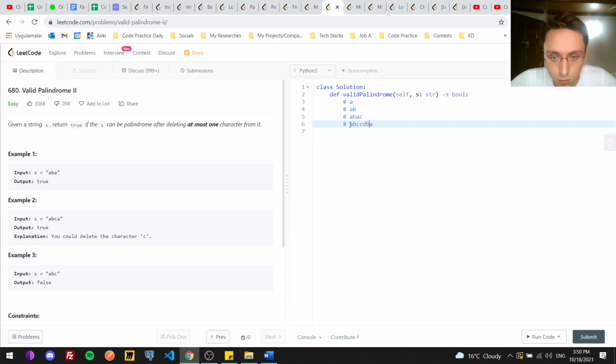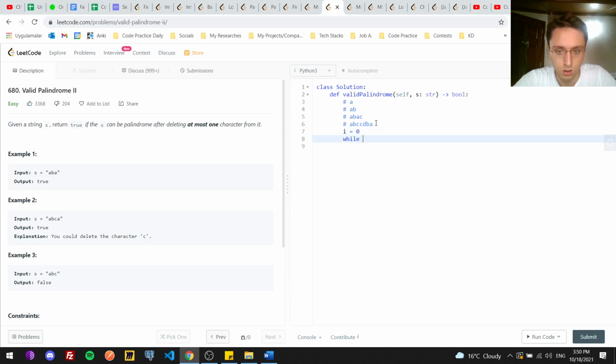So if we start from right and left, and then we see that these don't match, in that case, let's remove this one and check if it is a palindrome, and then remove the other one and check if it is a palindrome.